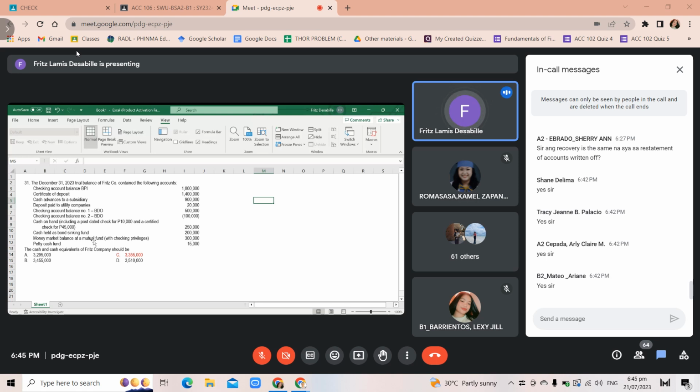So money market balance, no, that is included. So how much? So total na to. Checking account, certificate of deposit, or walang guys, sali lang.